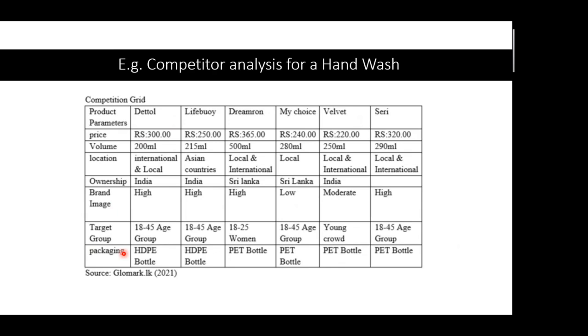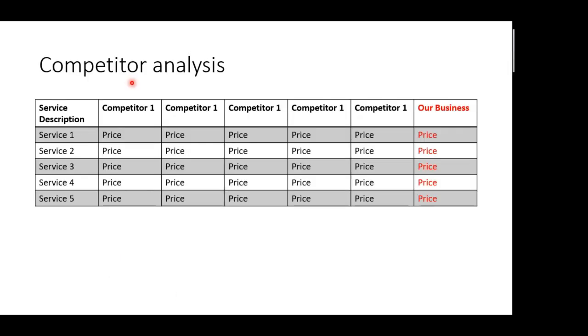So in your proposal also, you can use this type of a model to compare your competitors and their prices with yours. So that type of clear competitor analysis comparatively, right? So better it's done comparatively.